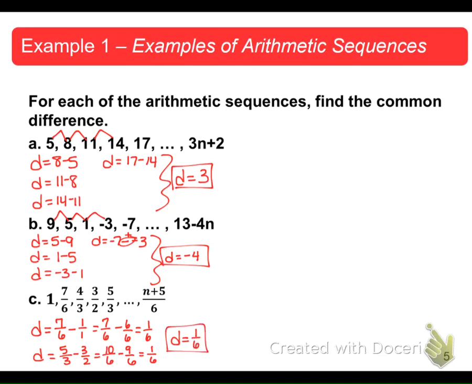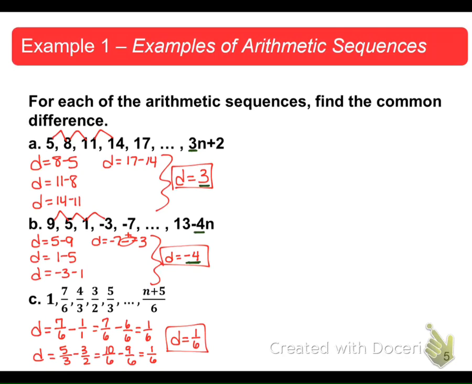Now, something to notice, on each of these, it gave me an equation at the end. That's the equation that could be used to find that sequence. But notice about each one of them. On the first one here, that 3 is your slope. On the second one, that negative 4 is again your slope.